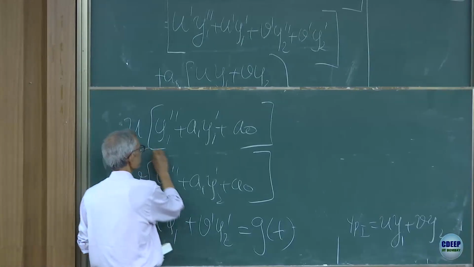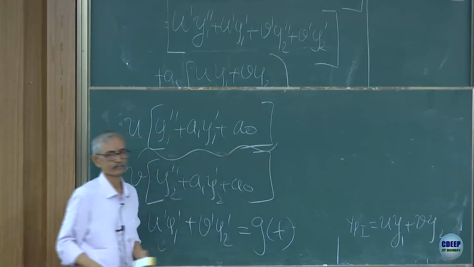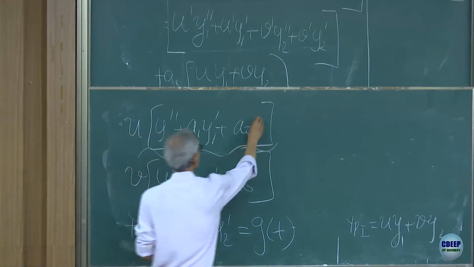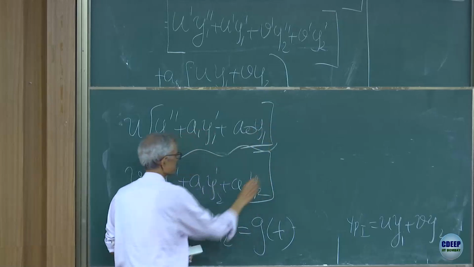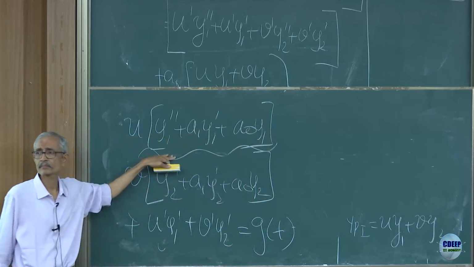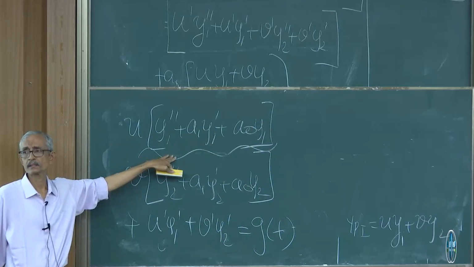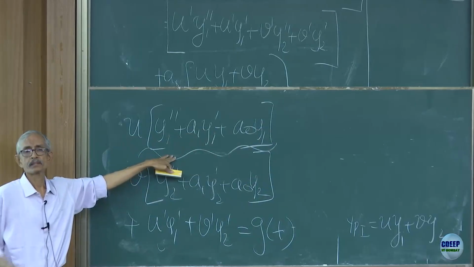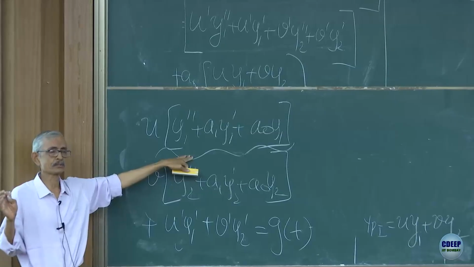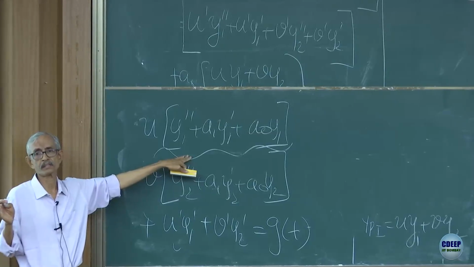And what is this here? What is this guy here? This is 0. Why? Because y1 is the solution to the homogeneous part of the equation.